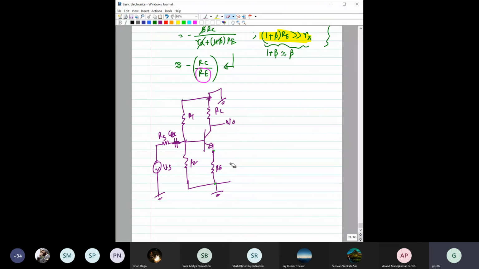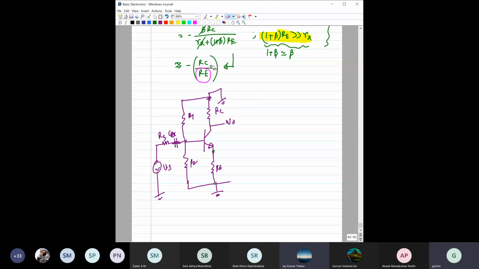You recall that when we considered the biasing part before we started the amplifier, if you replace this transistor with another transistor, due to the change in beta, the Q point will change, right? So that was during DC analysis.